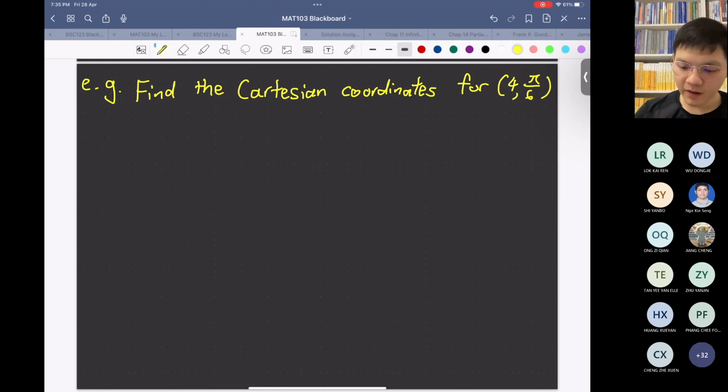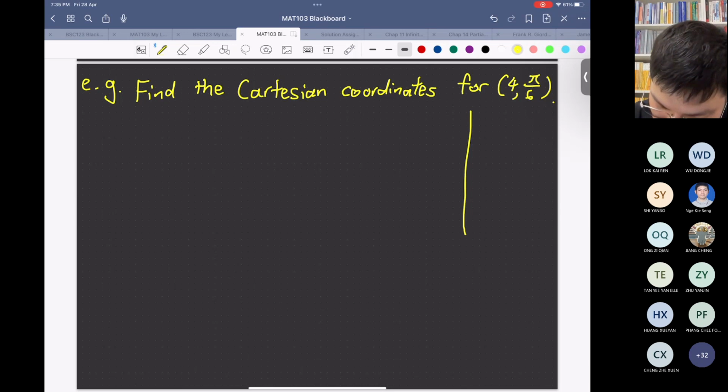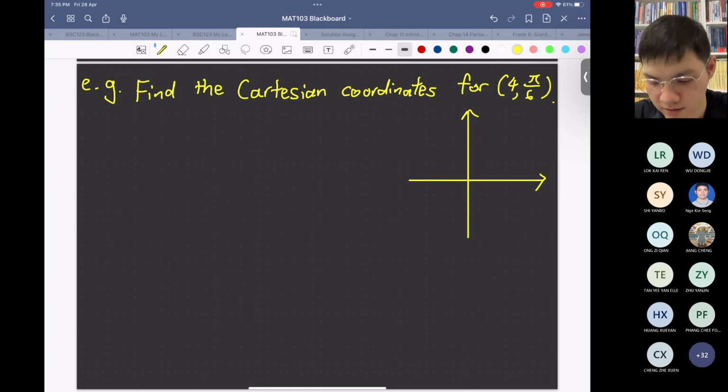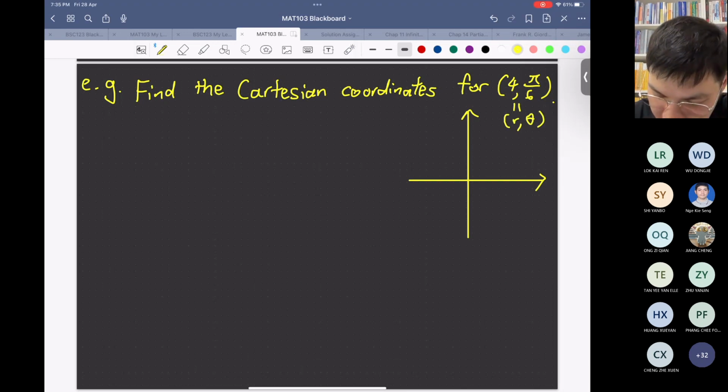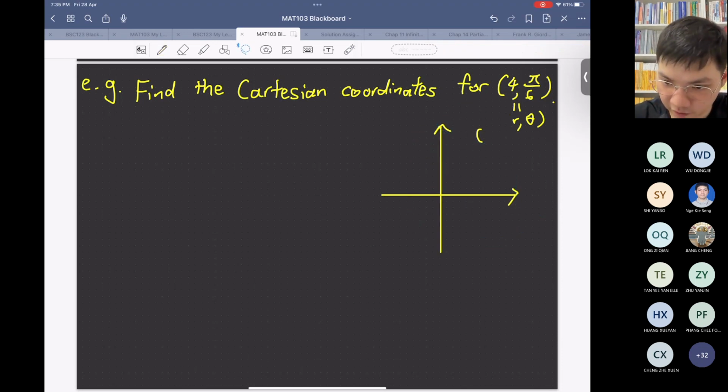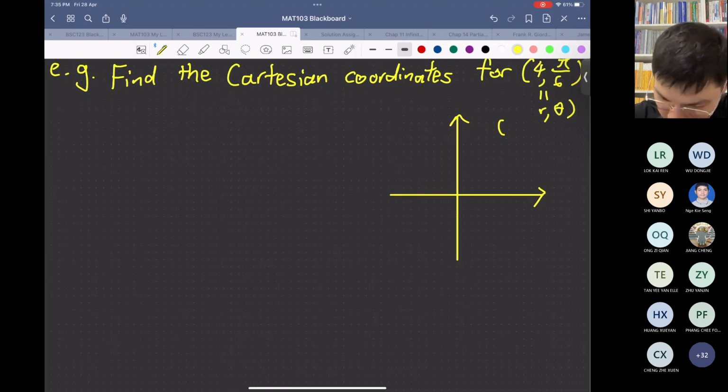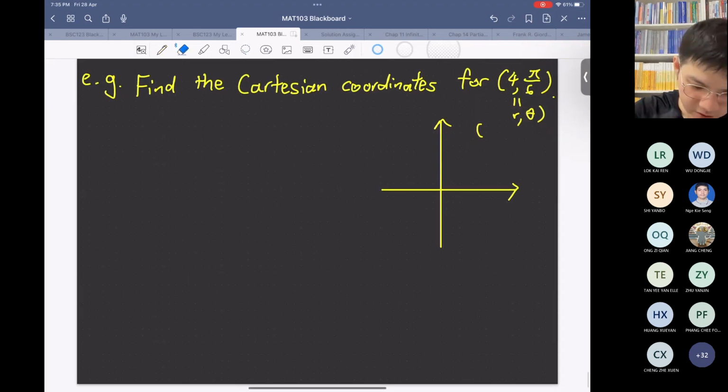So what does 4, pi over 6 mean? This lies on what circle? A circle of radius what? This is another r, theta. So what's the radius of the circle it lies on? 4. Okay, very good. So it is 4.